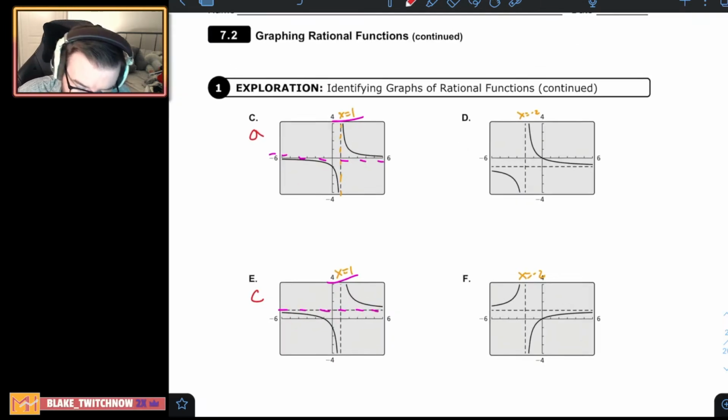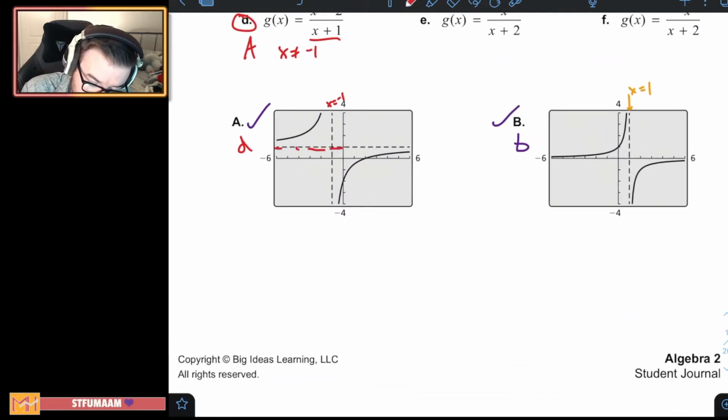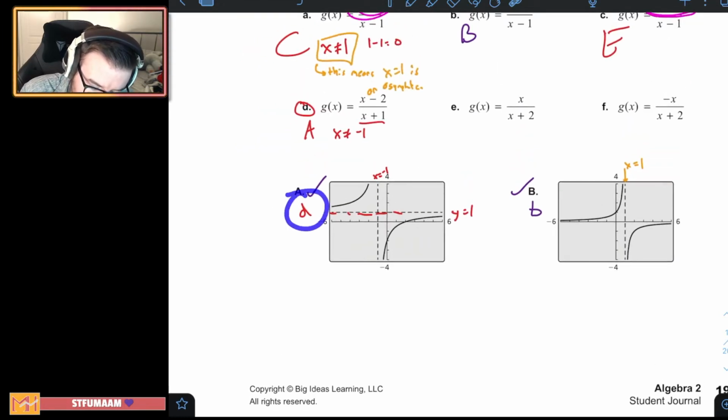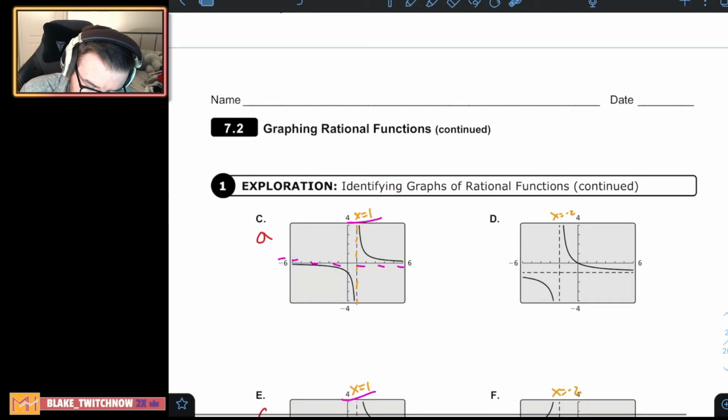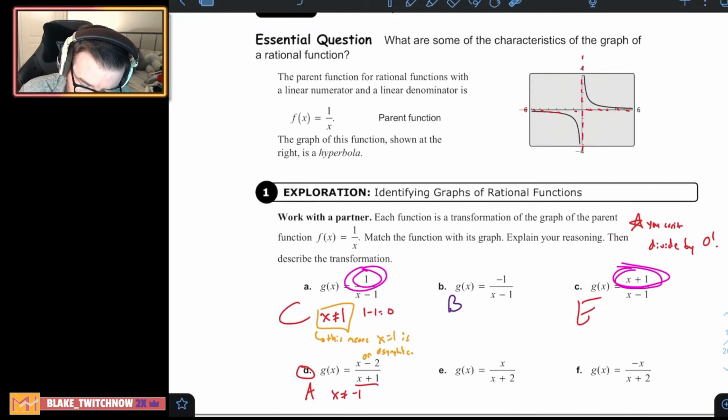All right. So maybe, like I said, maybe we can start to realize something. Look at this asymptote. It's at 1, right? It's at y equals 1. All right. And look at this asymptote. It's also at y equals 1. But if we compare function d to function c, let's look at them. What do they have in common?